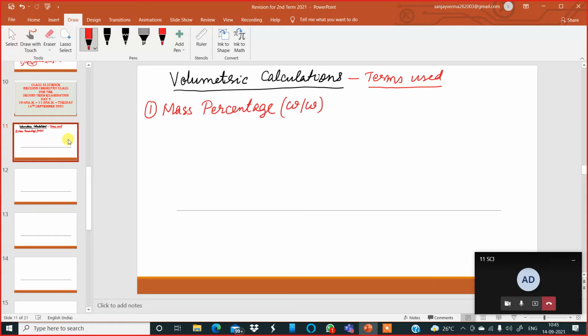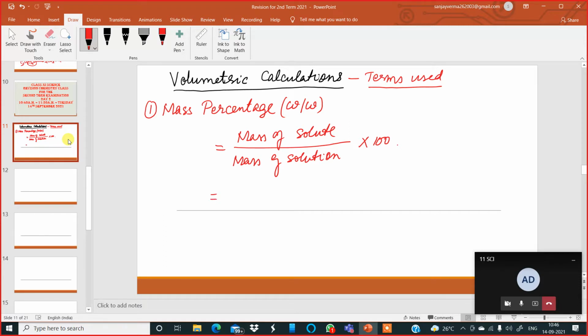The formula for mass percentage is equal to mass of solute divided by mass of solution into 100. So this is how we calculate the mass percentage. This is one formula.